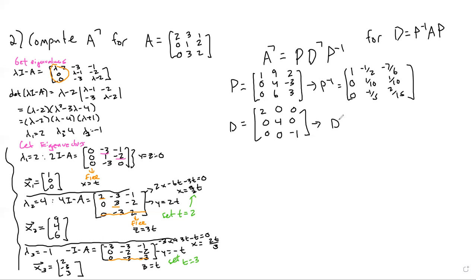This does mean that D to the 7 is going to be 128, 0, 0. This is a 5-digit number, but it's a number, 16,354, and 0. And then -1 to the 7 is -1.